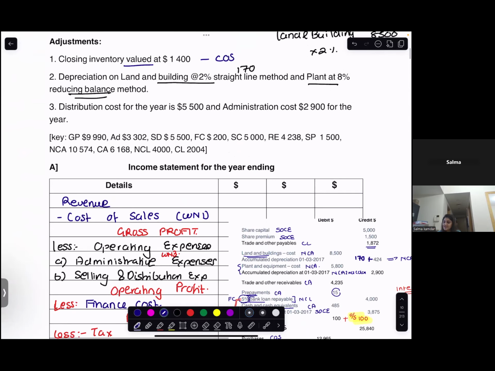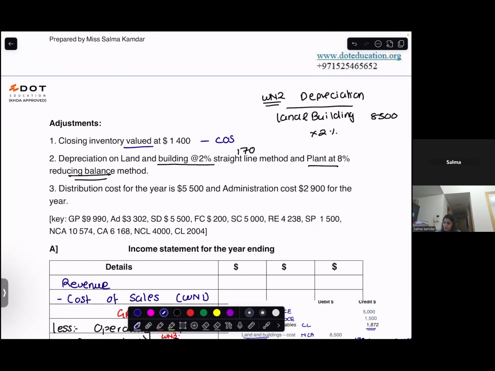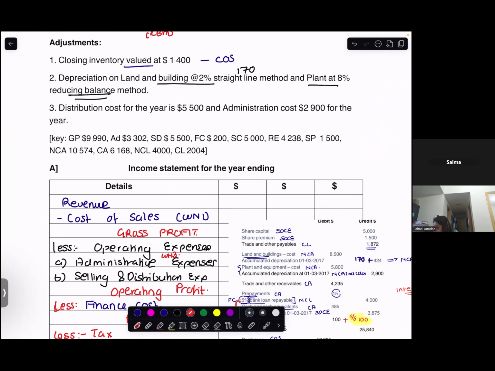Now I have depreciation on plant and machinery. I'm making a working note for depreciation. You know that, right? Okay. Come on, depreciation on plant and machinery. How much? Depreciation on plant and machinery is the reducing balance method. So cost minus the accumulated depreciation.